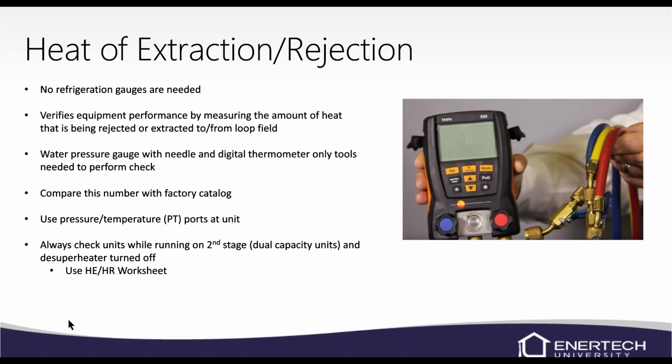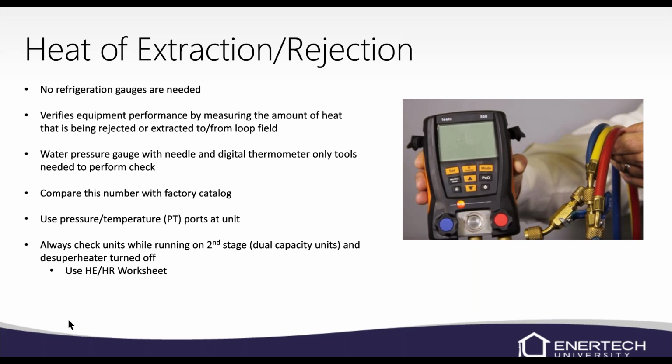It's a Dwyer gauge. It's what I use, and we do sell that at Enertech. You'll have to get the needle separate that'll thread onto it, and we have those available as well. And then we have a digital thermometer, made by Cooper, and it's got a tapered end on it, so it goes into those pressure temperature ports pretty easily.